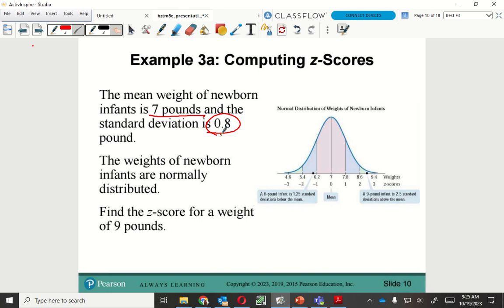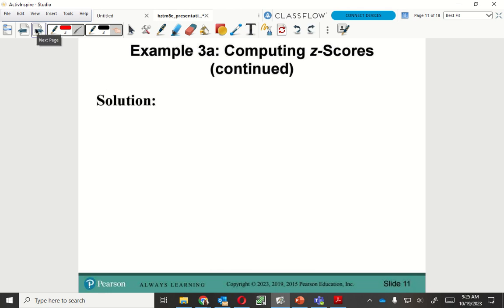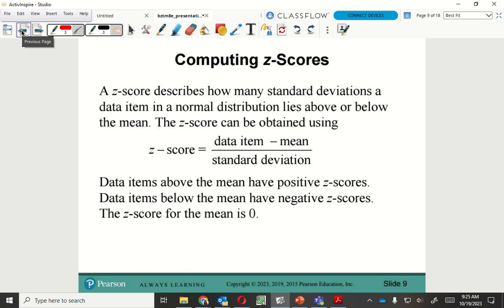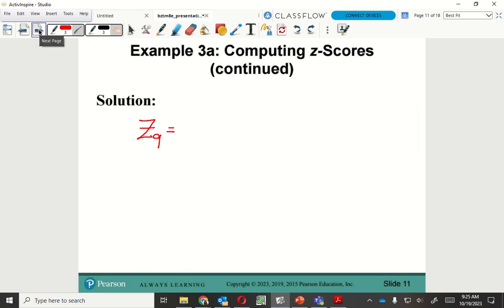So z of 9 is going to be equal to my data item, which is 9 pounds, minus the mean, 7 pounds, divided by the standard deviation, 0.8.